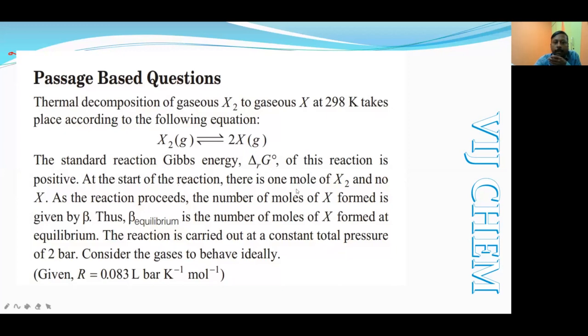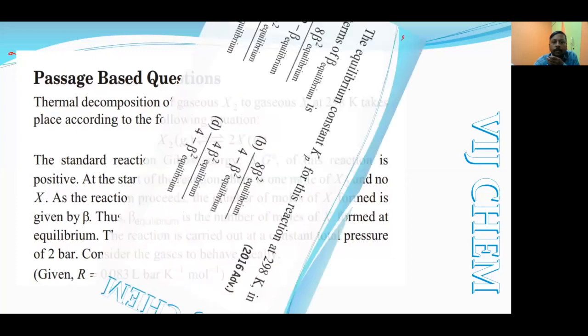At the start of the reaction, there is 1 mole of X2 and no X. As the reaction proceeds, the number of moles of X formed is given by beta. So beta equilibrium is the number of moles of X formed at equilibrium. Then the reaction is carried out at constant total pressure of 2 bar. Consider the gases behave ideally. Okay, this is the paragraph. Now let's see the question based on this.